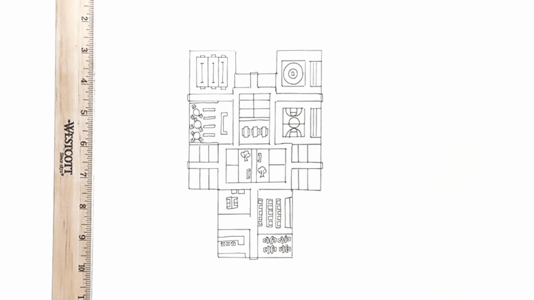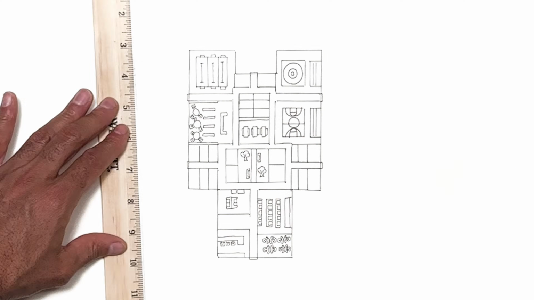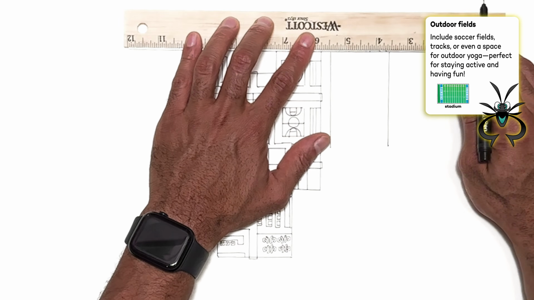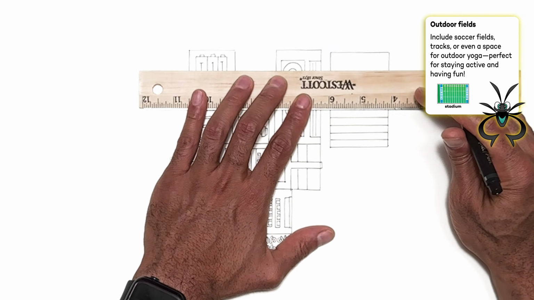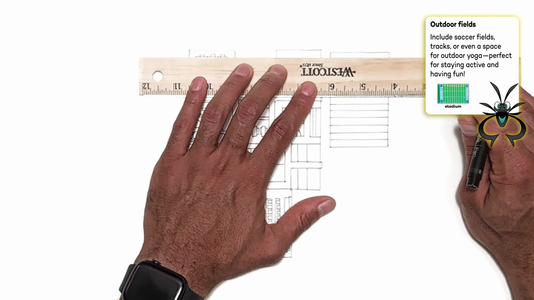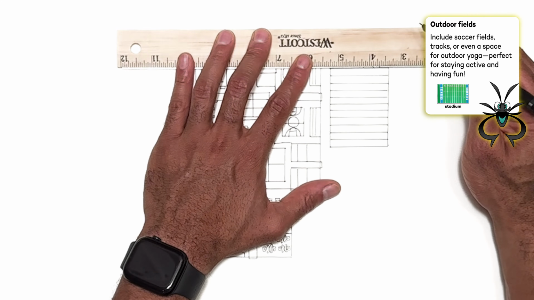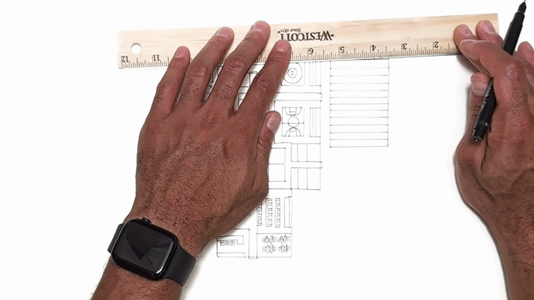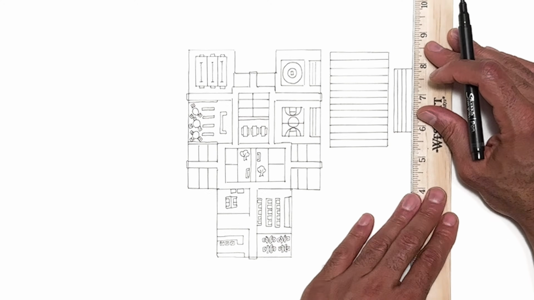And what else? Let's give this school some outdoor athletic fields. One here for football. I'll draw the end zones, the lines on the field, and the bleachers for the fans to watch the game.